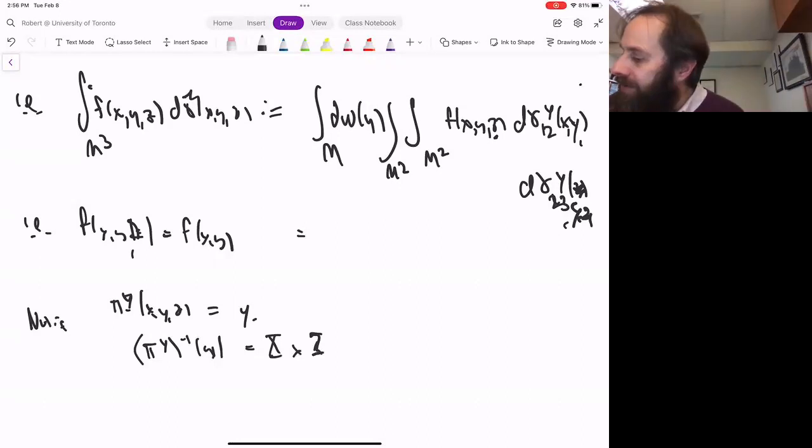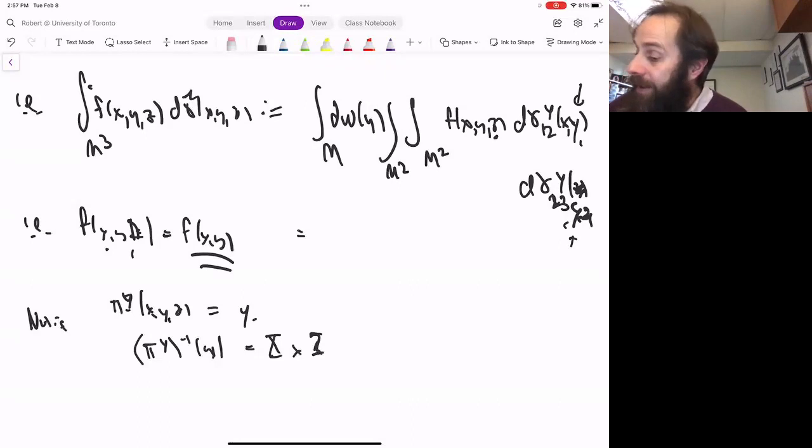What's annoying here is that I have this y dependence hanging around, because if I didn't have that y dependence, when f was independent of z, I could just do the z integral, and it's a probability measure for each y, so it would go away, and then this term and this term would go away, and I'd be left with the f of x,y here.